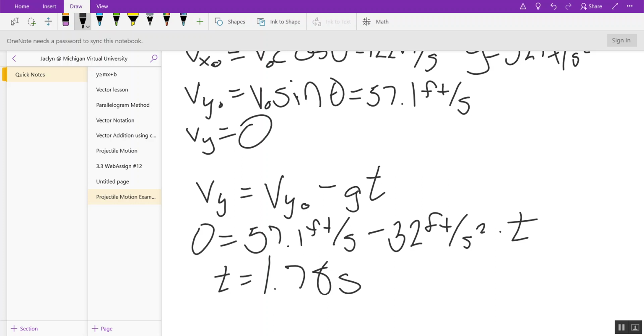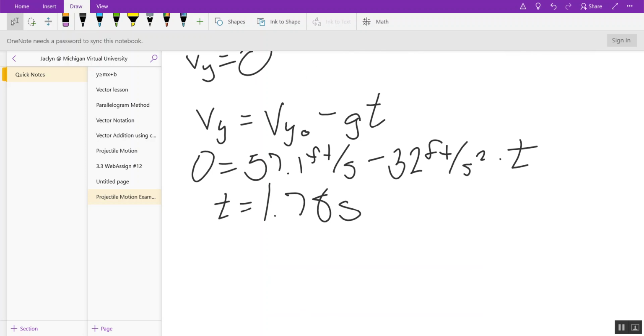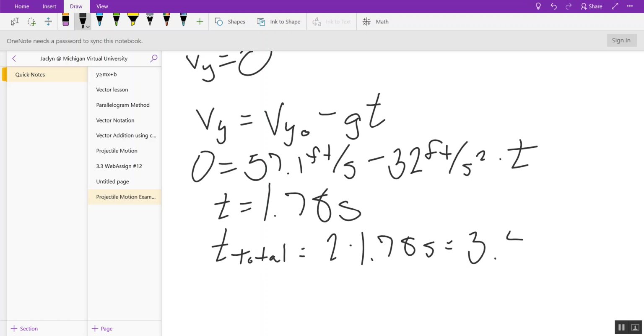So to get the total time of flight, I just have to double that. So t total is equal to 2 times 1.78 seconds, which is 3.56 seconds. Okay, so that's our time of flight, which isn't bad.